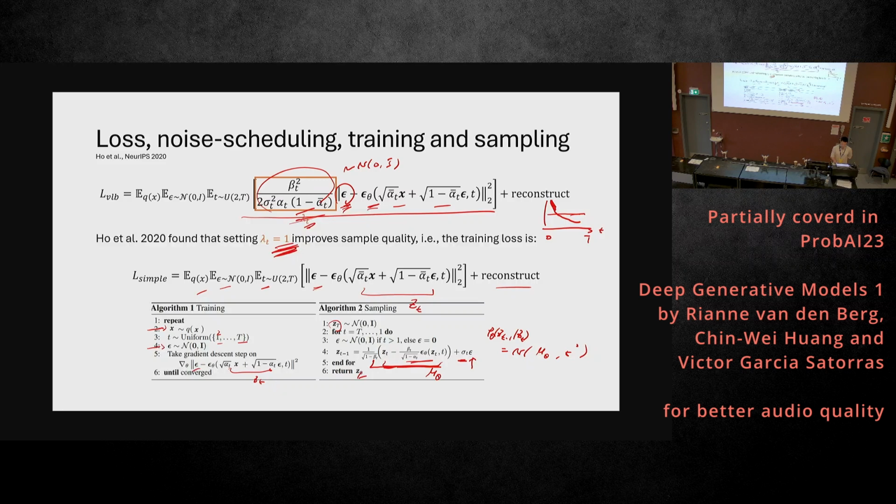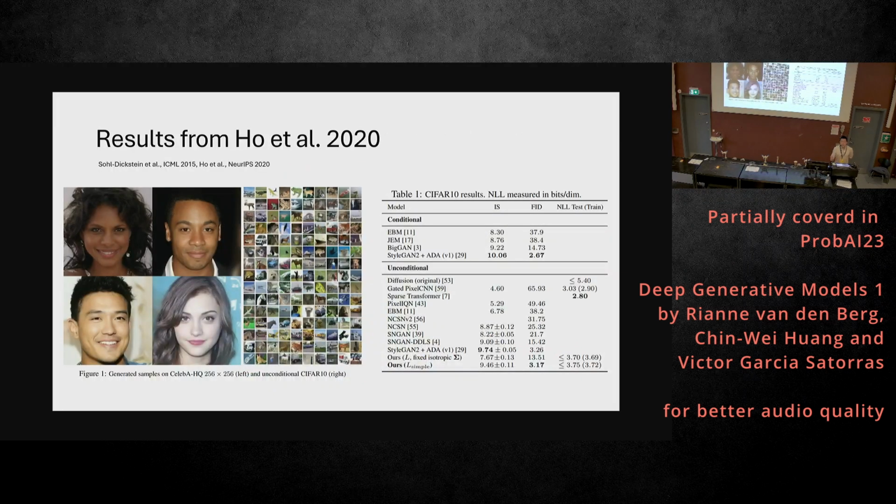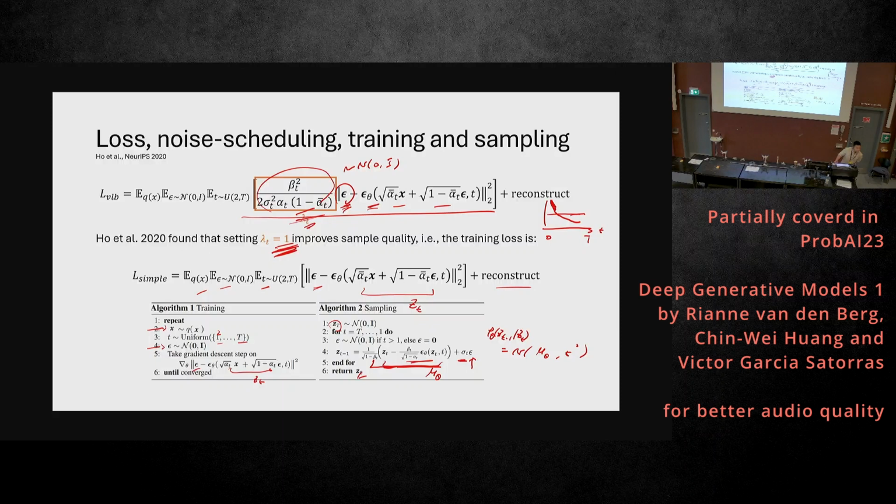Cool. All right, and results. So for sampling, we go through T up to 1 again, so we have to go through all of the different steps. But for training, we actually just sample t from the uniform distribution. We have to make sure that we see all of the different T steps in training.